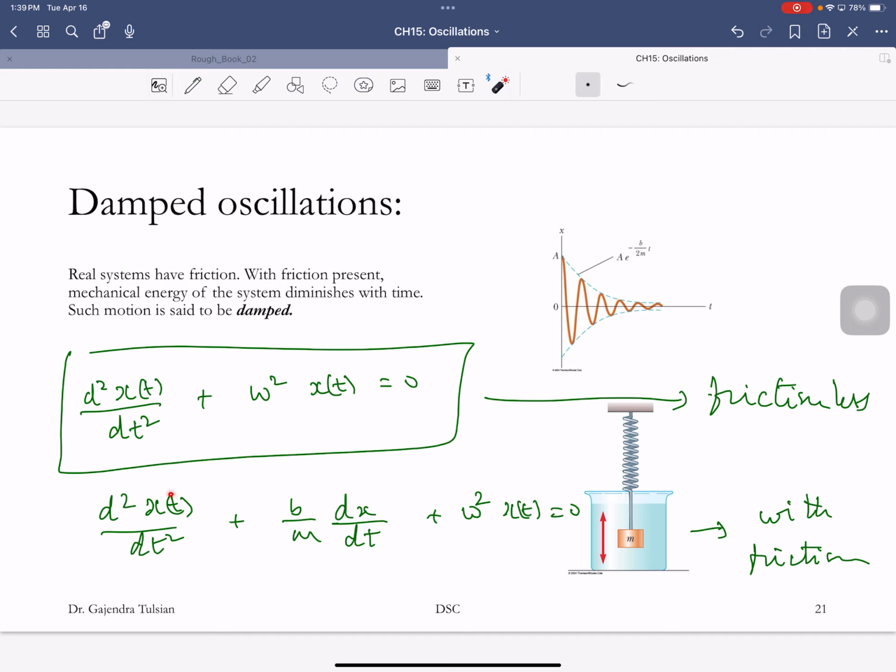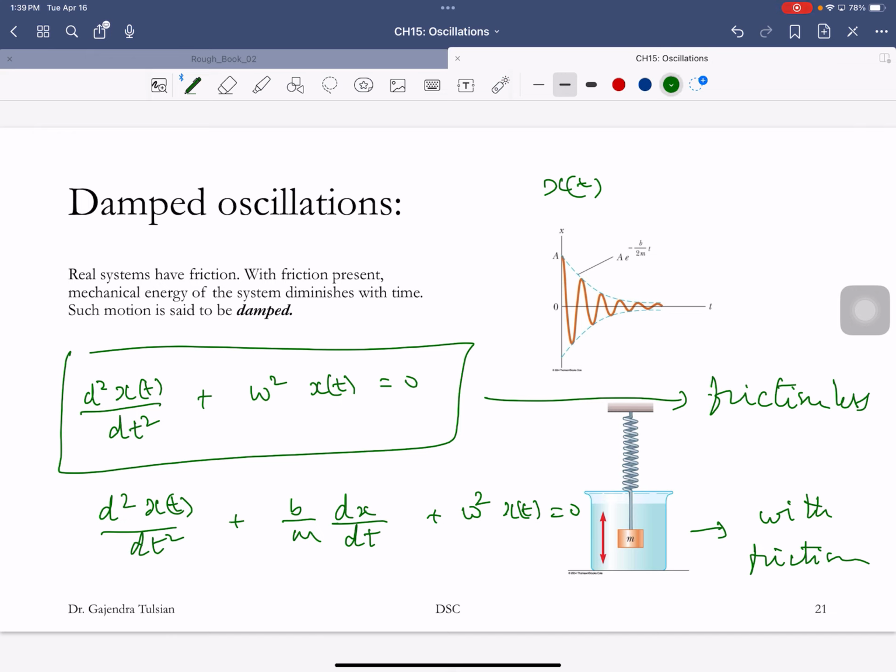Okay, and if you solve this equation, here's x as a function of time, it looks like that. So here's a simple way to model friction.